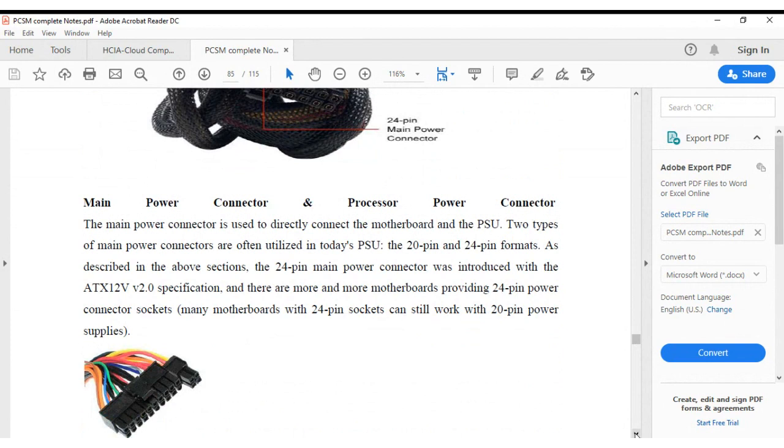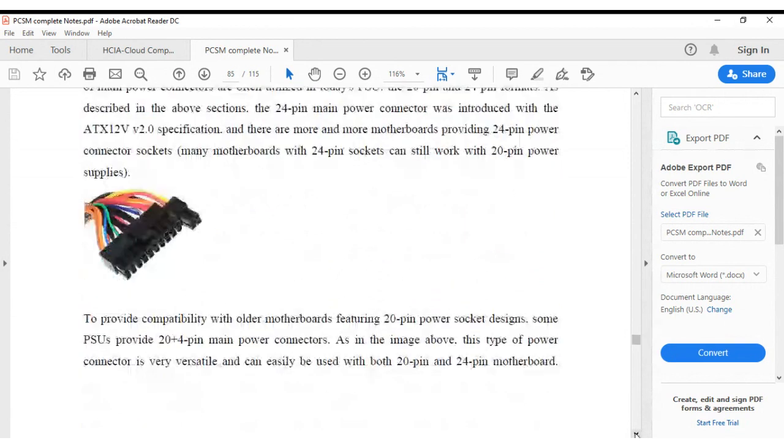Two types of main power connector are often utilized in today's PSUs: the 20-pin and 24-pin formats. As described in the above section, the 24-pin main power connector was introduced with the ATX12V v2.0 specification, and there are more and more motherboards providing 24-pin power connector sockets.